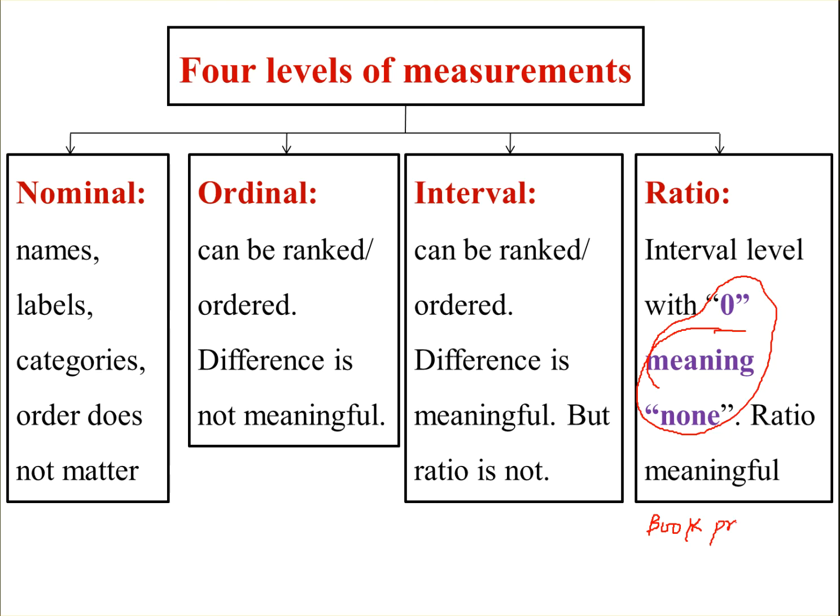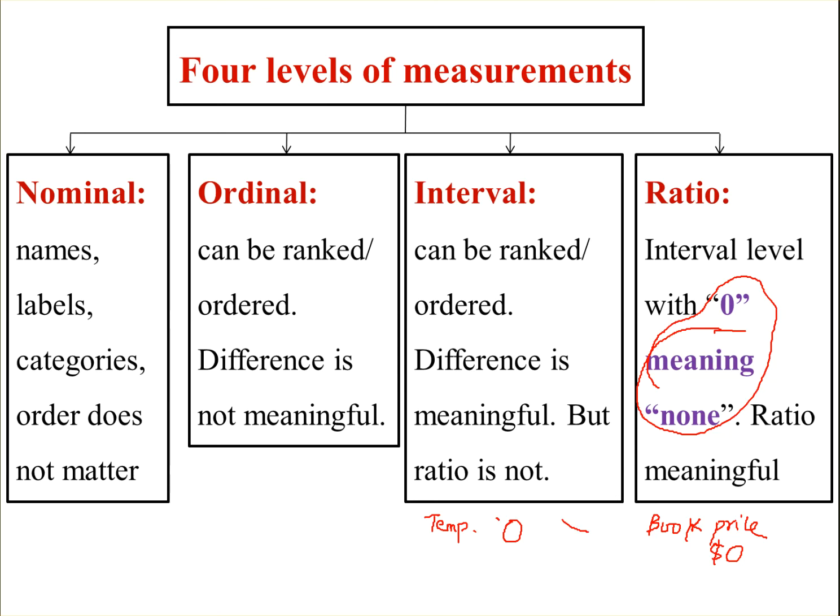If you tell me that 0 price, $0, that means no cost at all. It means no cost, none, 0. And if you look at the temperature, here I just talked about temperature. If you say 0 temperature, does it mean no temperature? No, it's not. Zero temperature just means it's quite cold. It doesn't mean no temperature.